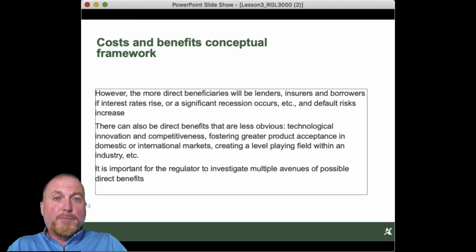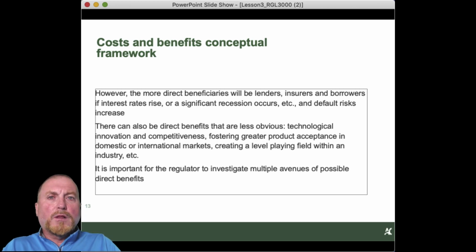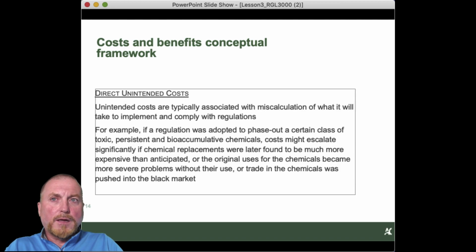And if we miss that next wave of industrial innovation, what's going to happen to our economy? Will we still be a dominant economy, a wealthy economy or not? And these are the types of questions that need to come into every regulation. Every regulation should be thinking about what impact it will have on these types of benefits. Okay? Direct unintended costs.